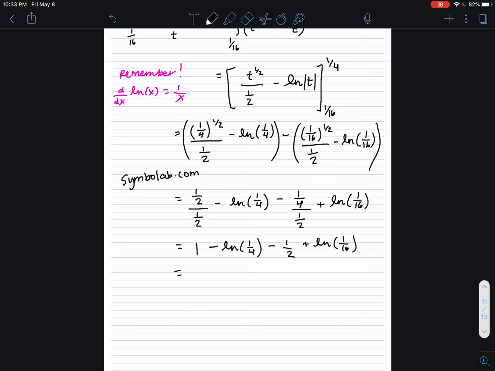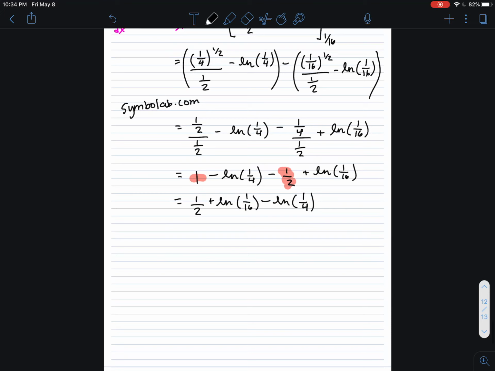And we're going to combine like terms. So we have 1 and negative 1/2, which becomes a positive 1/2. Then we have the natural log of 1/16 minus the natural log of 1/4. And I don't know how much you guys remember about logarithm rules. I think they're kind of fun. You guys might not.